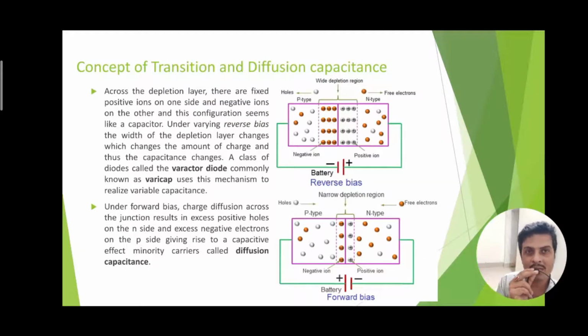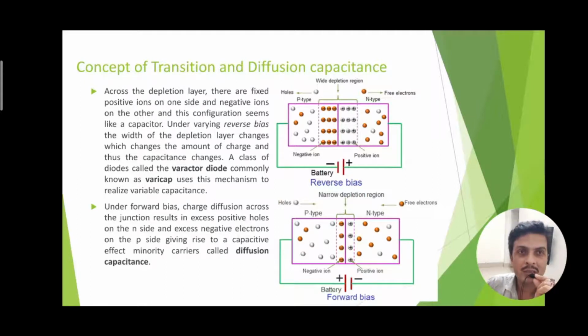So regarding the two types of capacitance, transition and diffusion capacitance, it is explained here again with more explanation. The reverse bias and forward bias conditions are shown. Under the reverse bias, the positive voltage terminal of the battery is connected to the N side, and the negative voltage terminal is applied to the P side.